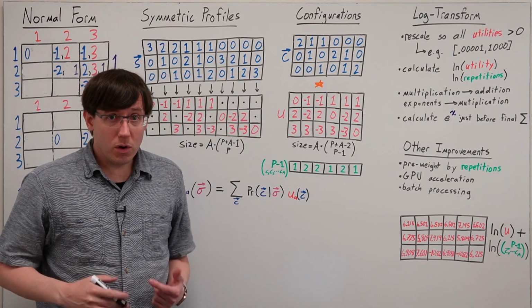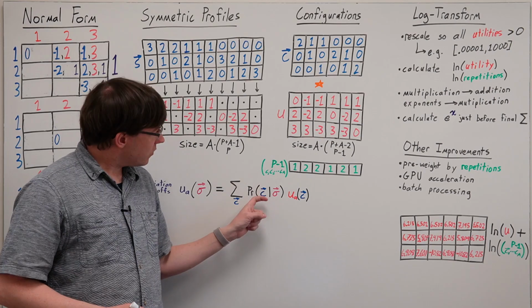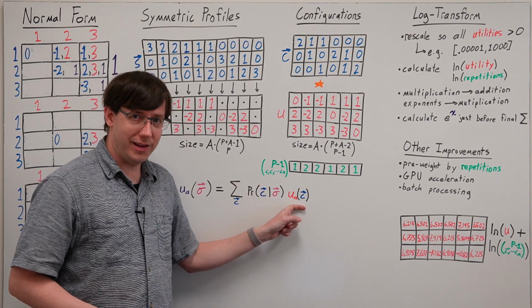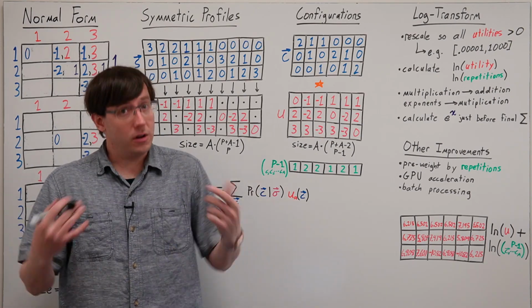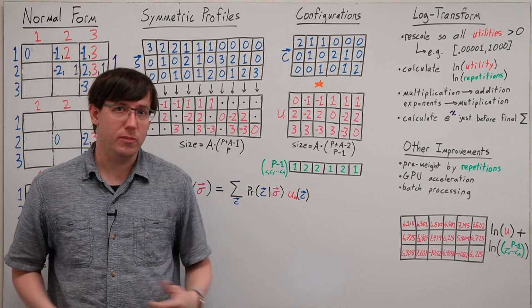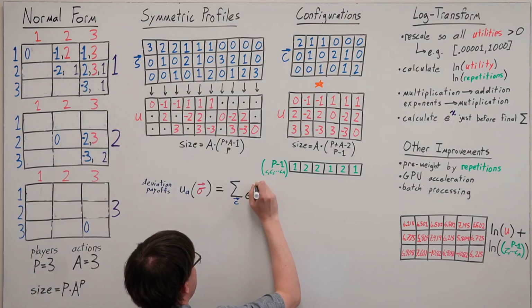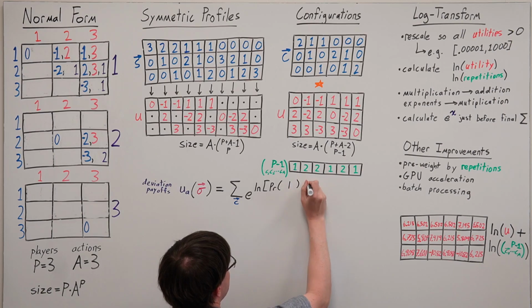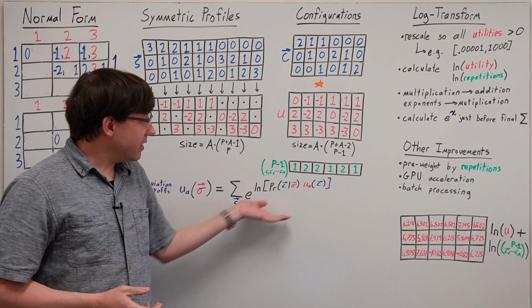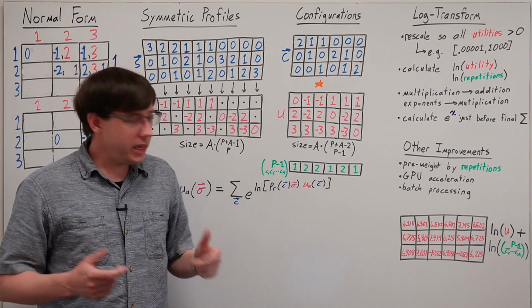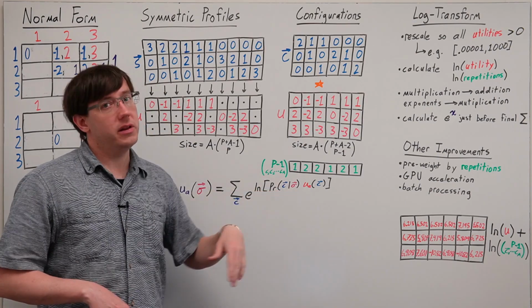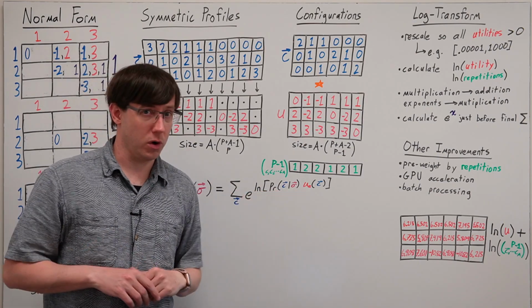Well, essentially what we're doing is replacing this probability times utility with e to the log of probability times utility. And written like this, it seems kind of silly, but the key is that when we take the log of the probabilities, we'll have numbers that are much easier to work with.